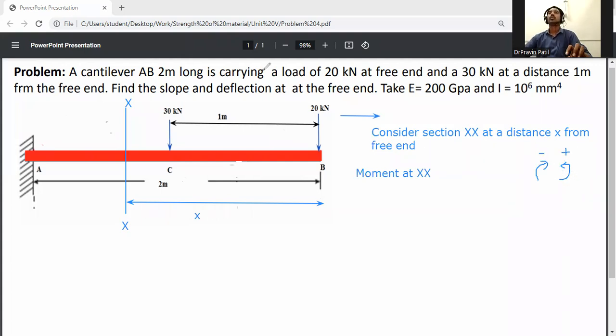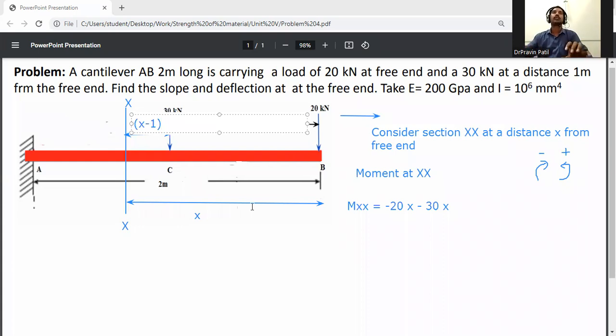So the moment at XX is equal to, first of all, this 20 kilonewton is rotating in clockwise direction, so minus 20 into x. Then minus 30, which is also rotating clockwise, and the distance is x minus 1, so we write it in bracket, x minus 1.